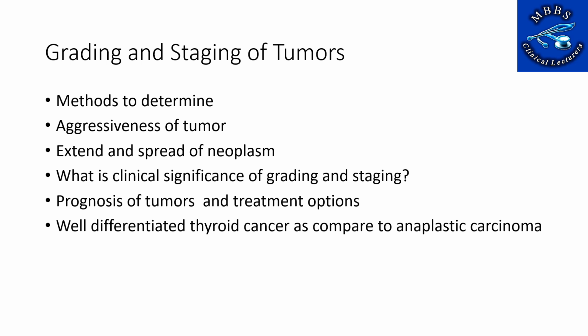And in the next slide we will discuss what are the exact parameters on which we are giving certain terms like well differentiated, moderately differentiated, and anaplastic carcinomas. So these terms have a particular importance in the prognosis of the tumors as well as in the treatment options.